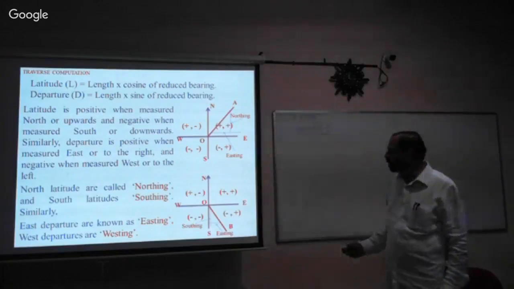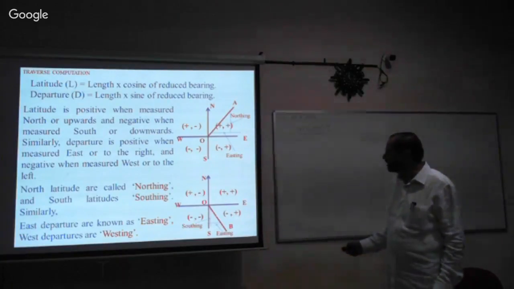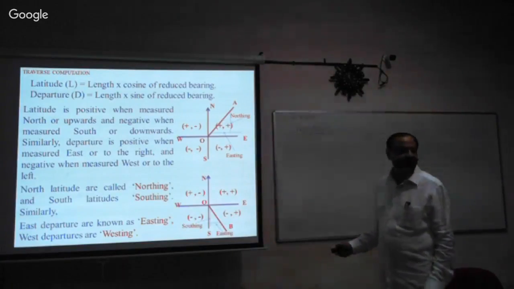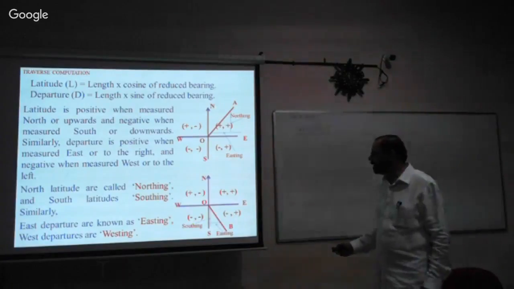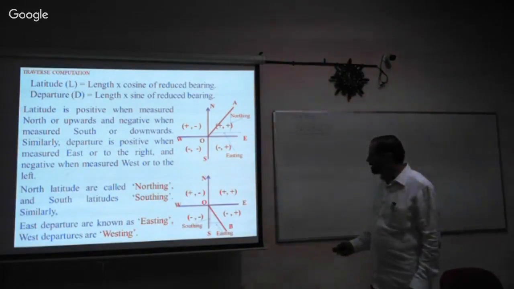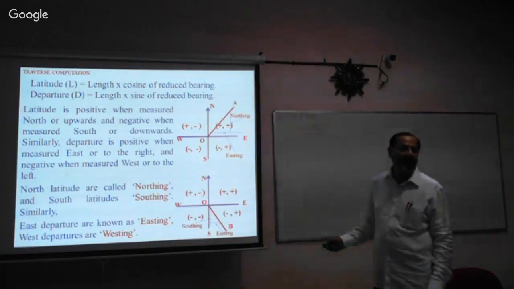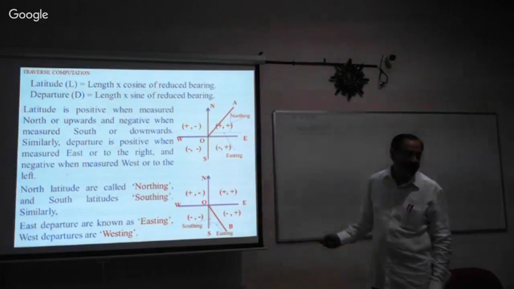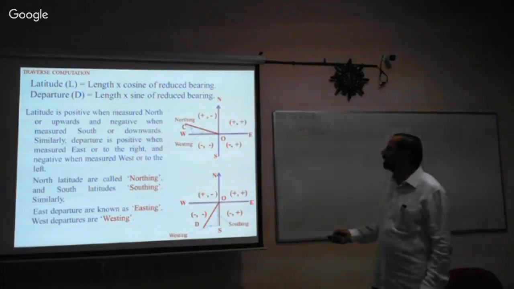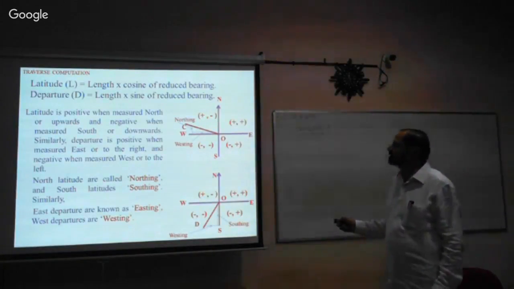See, this is the latitude of this survey line; it is southward, therefore it is southing. And this is the departure of the survey line, which is in the eastward direction, therefore it is easting. Understood? Shall we proceed?